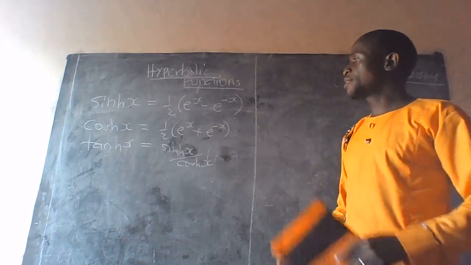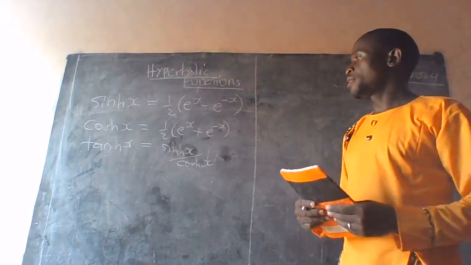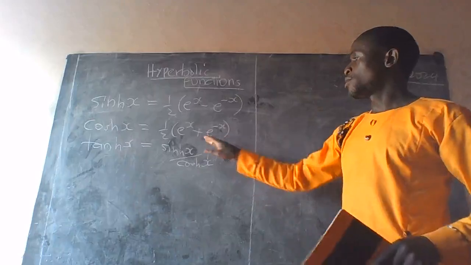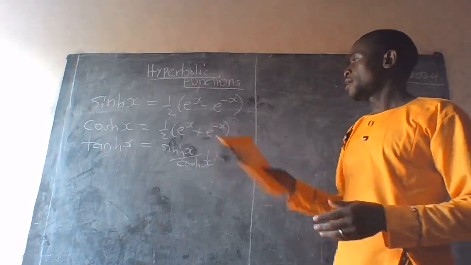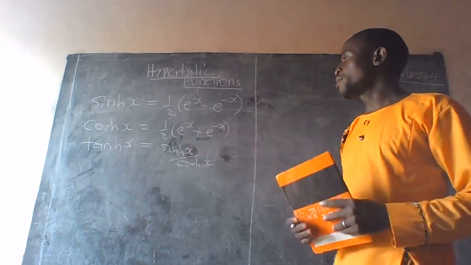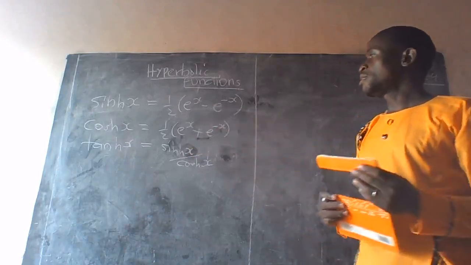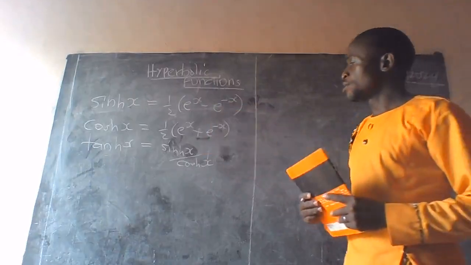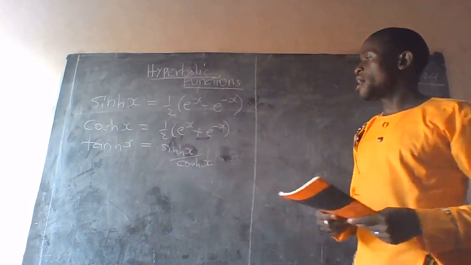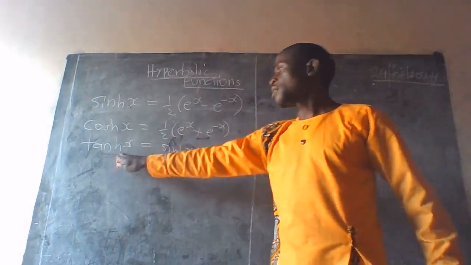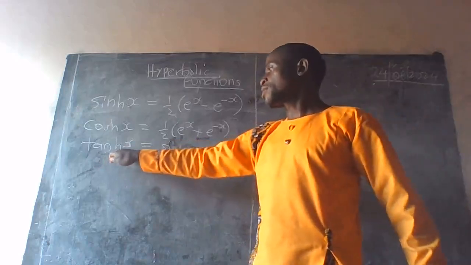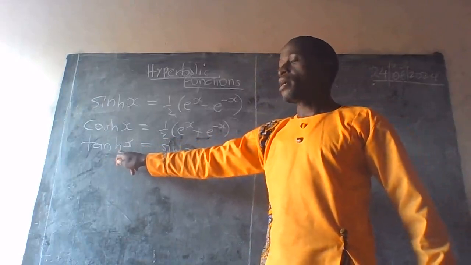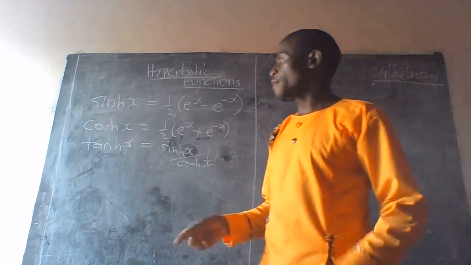As you see, cosh is always positive, because you add in the middle here, while in sinh there is a negative there, and that is okay. The letter h in between refers to the hyperbolic function.